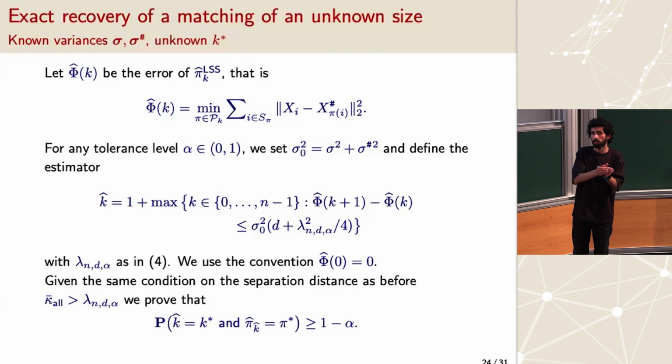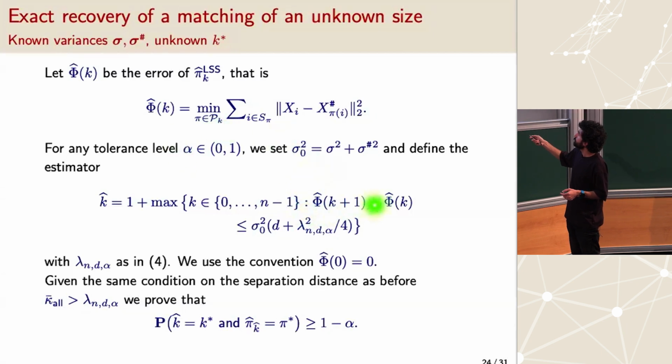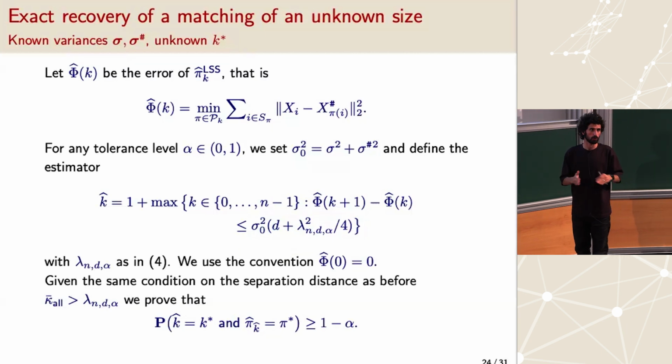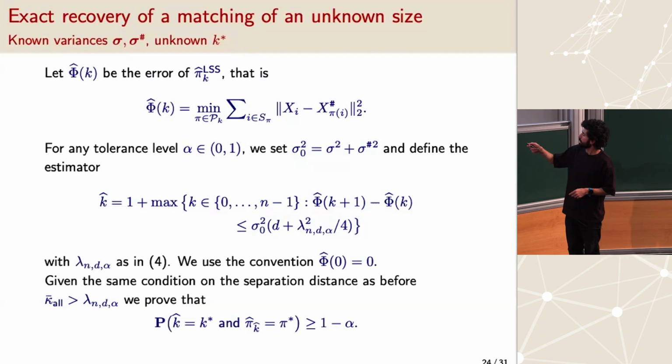So if after some point this difference, phi hat k plus 1 minus phi hat k, becomes very large, larger than something of order d, then we say that these two points are not a true pair, they are outliers, and we stop there. So we are increasing the value of k until something like this happens. We start with k equals 1, then we add another point, and we see that the increment is not that large, and so on, until the increment becomes really large.